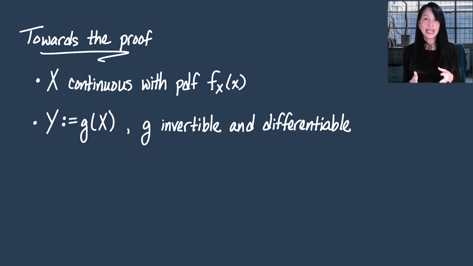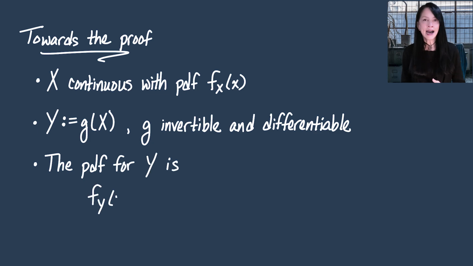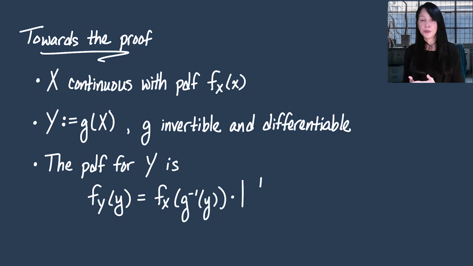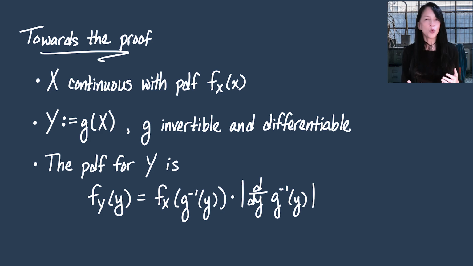You learn in a course in mathematical statistics that the probability density function for Y is the PDF for X with g inverse of y plugged in, times the absolute value of the derivative with respect to y of g inverse of y. This is how you do most one-dimensional continuous transformations.